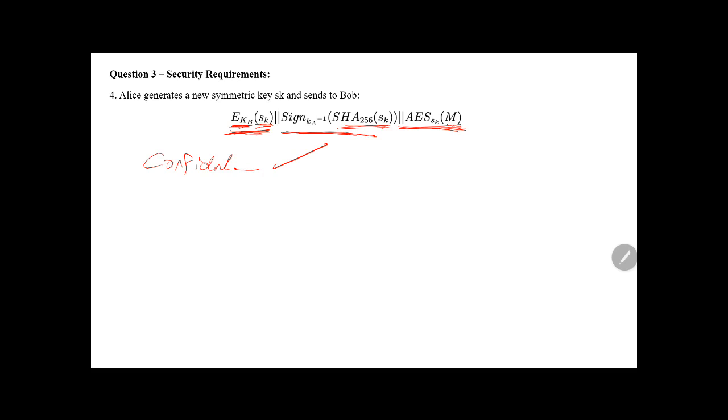Actually, the second part that is satisfied here is non-repudiation, since the message is signed. The hash here provides non-repudiation because the symmetric key is signed with Alice's digital signature. So this ensures non-repudiation.